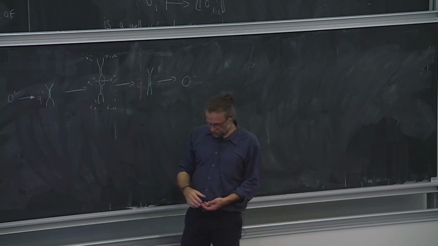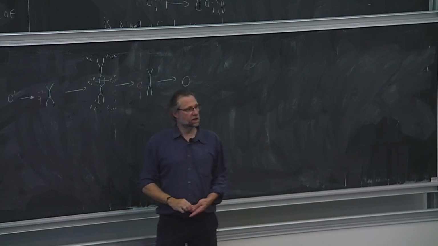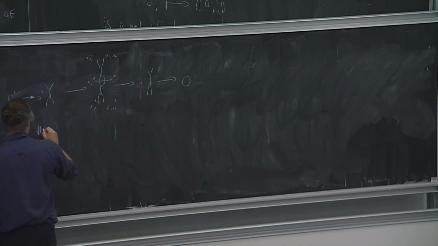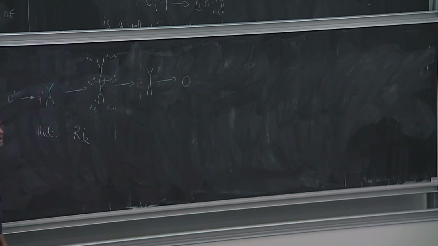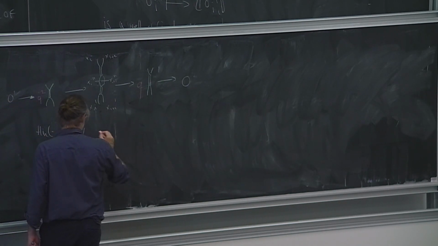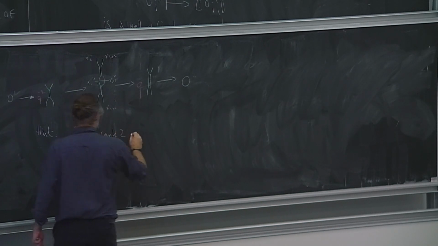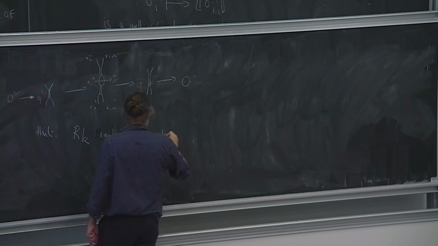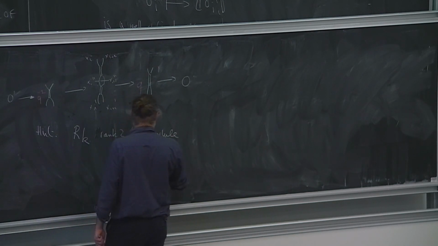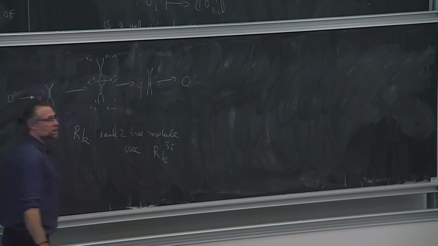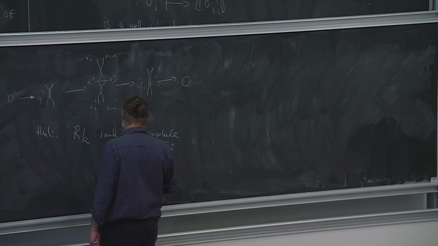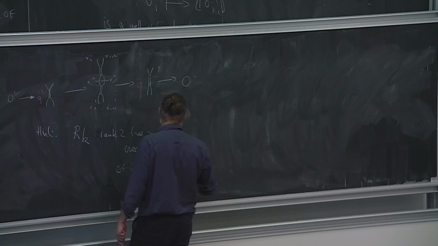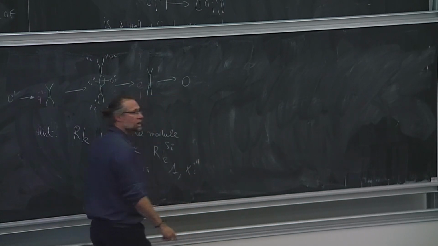So the hint for this exercise, what you have to understand, is the following easy thing: a rank 2 free module over the symmetric polynomials in two variables, of basis, if you want, 1 and xi double prime with this notation.